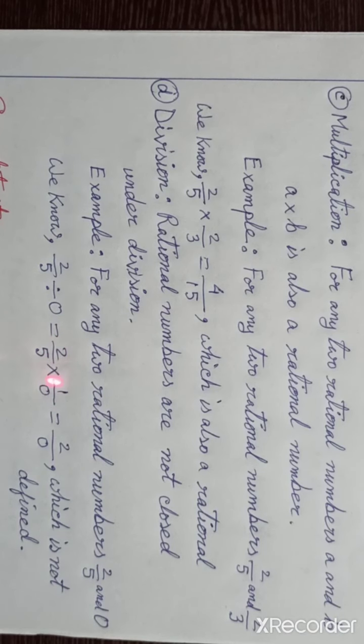Then 2 times 1 is 2, 5 into 0 is 0, so we get 2 by 0. Actually 2 by 0 is undefined since 2 cannot be divided by 0. So 2 by 0 is not a rational number. So we can say that rational numbers are not closed under division.